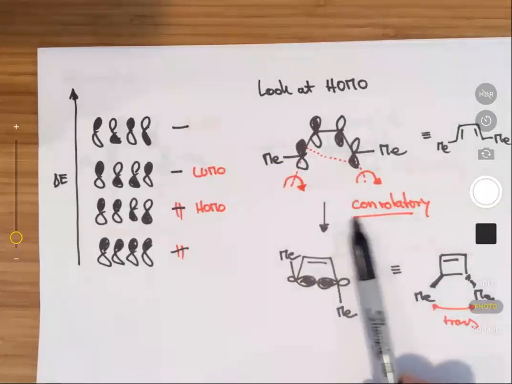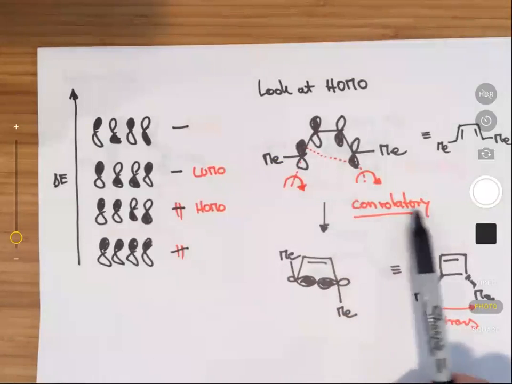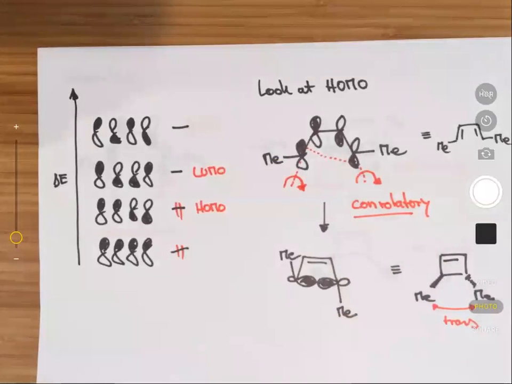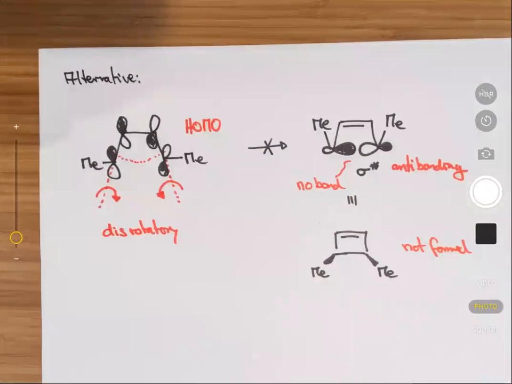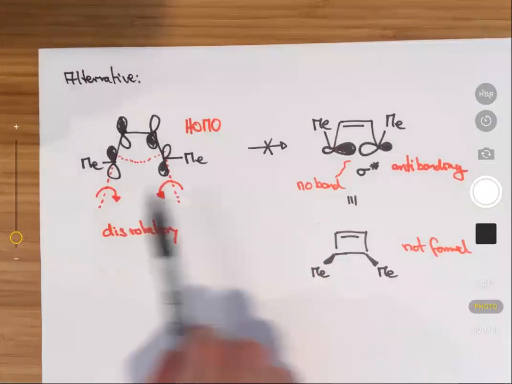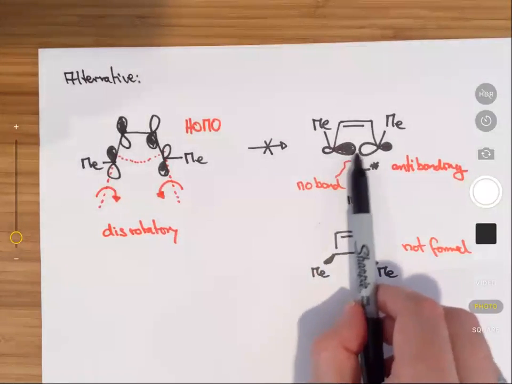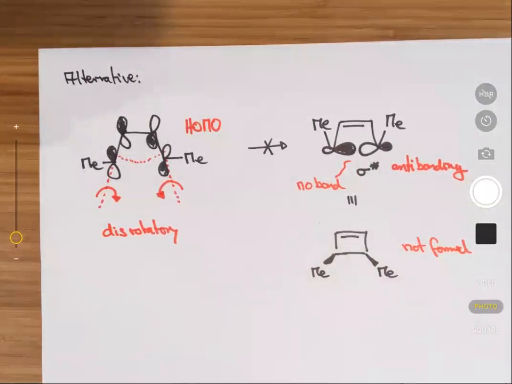Then we know that in this case, for example, we have to rotate in the same direction, and we define this reaction as conrotatory. In the case where we tried the same reaction where we rotate in opposite directions, we would not get a bond between these ends of the pi system. So this is not a productive way for this reaction.